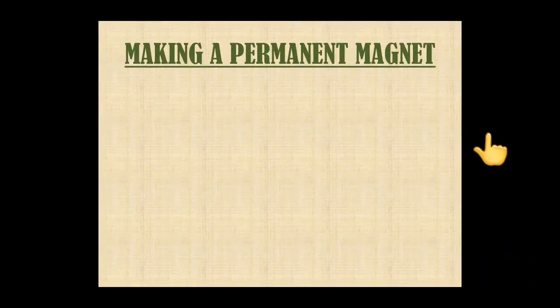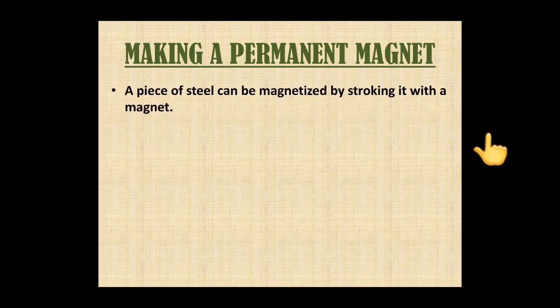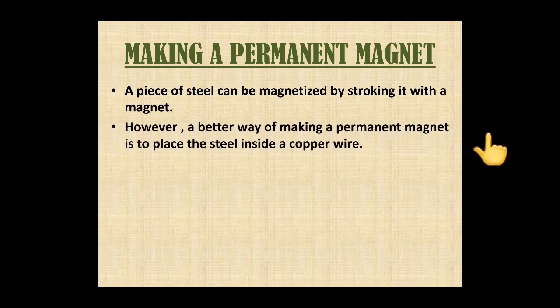You learned that you can make a temporary magnet from a piece of iron using induced magnetism. Let's see how to make a permanent magnet. Permanent magnets are made by the hard magnetic material steel. Like iron, a piece of steel can be magnetized by striking it with a magnet.